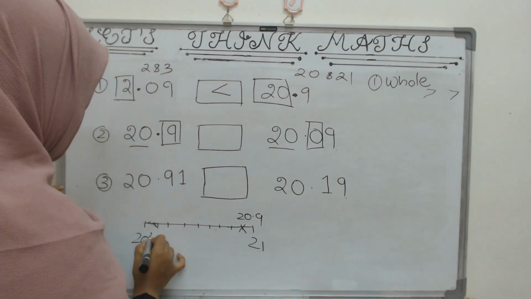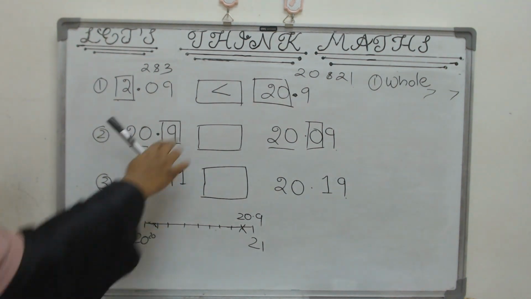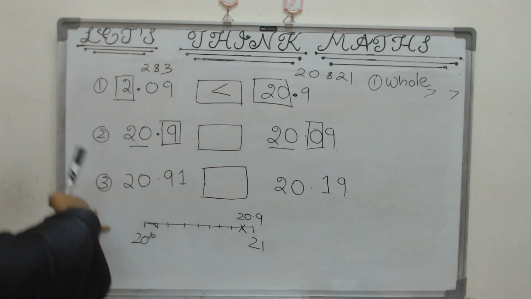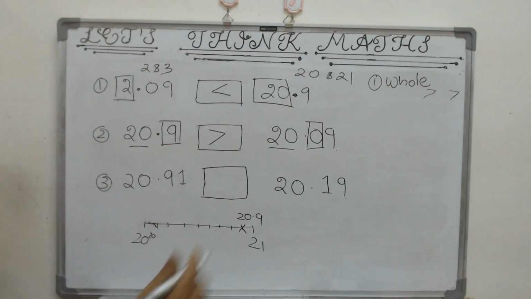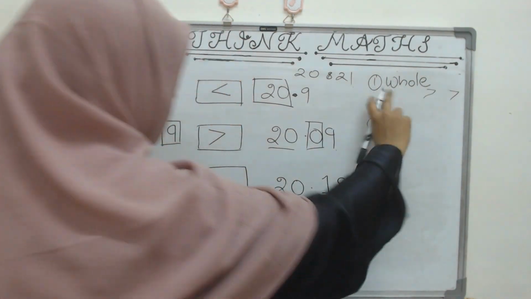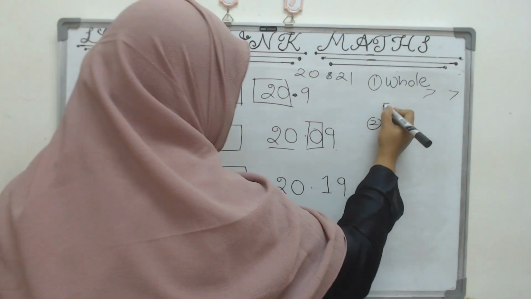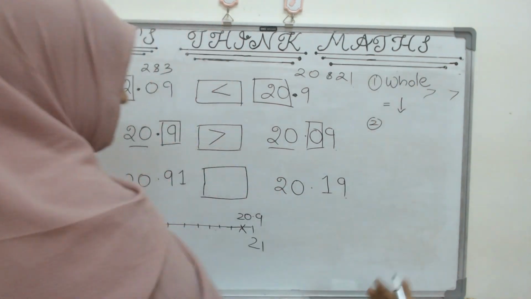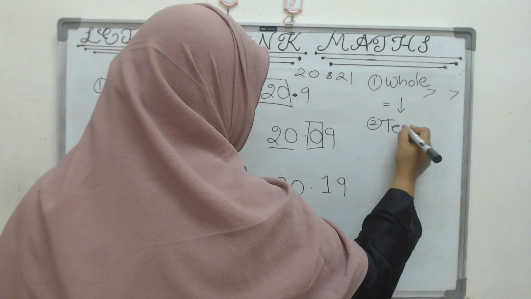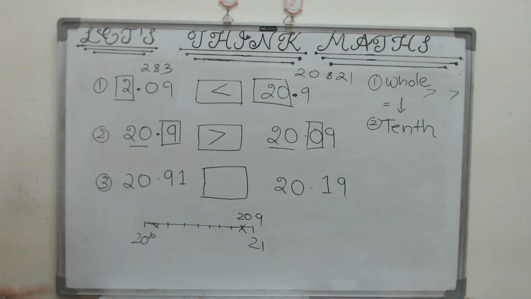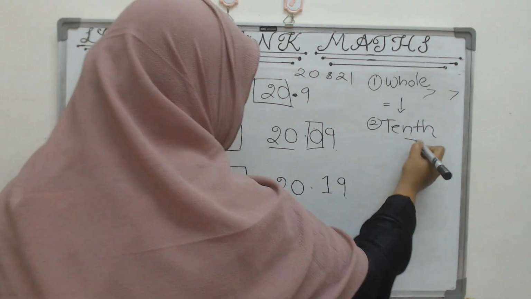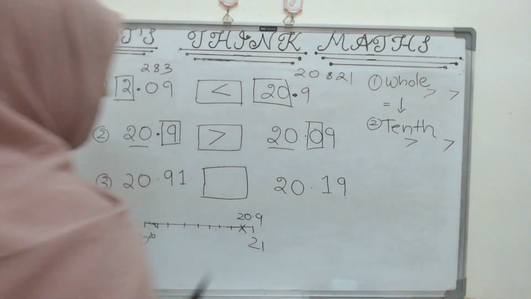So obviously, which number is greater? The one that has a bigger 10th part. This is greater. Now that is the second step you do. If the whole number part is equal, then go to the second step. Check the 10th part. Whichever decimal number has the greater 10th part, that number will be greater.